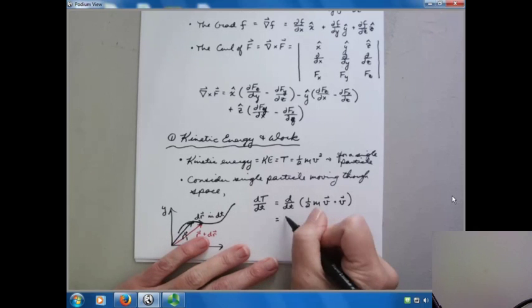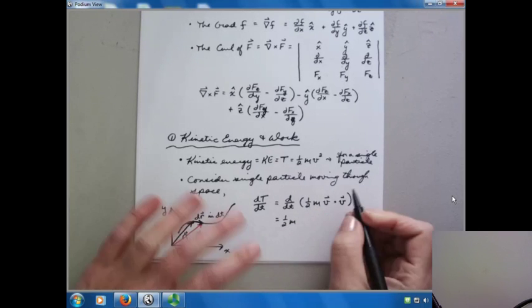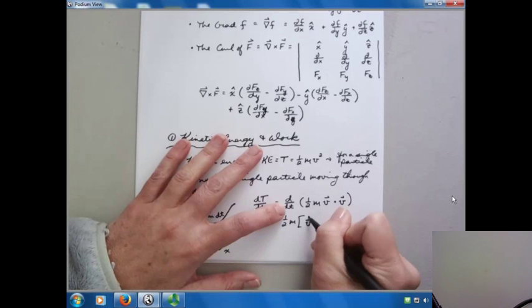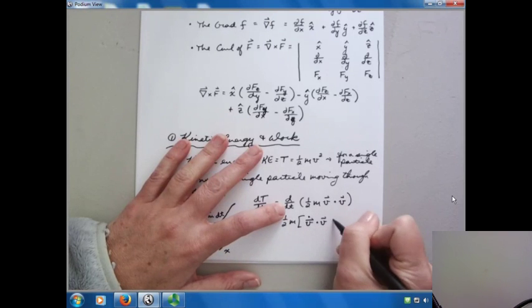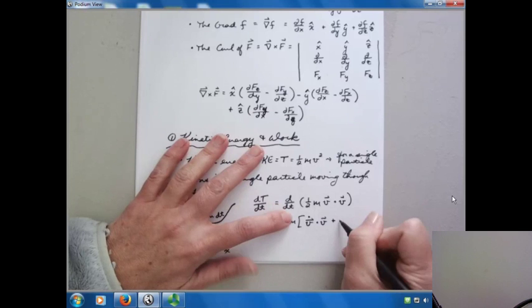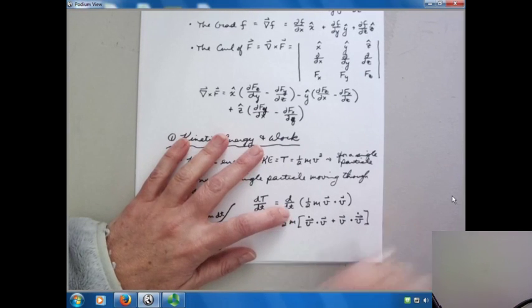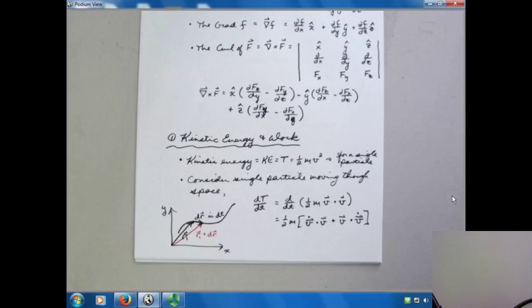All right, so I've got 1/2 m times time rate of change of velocity, which is v dot, dotted with v, plus v dotted with v dot. You guys okay with that?